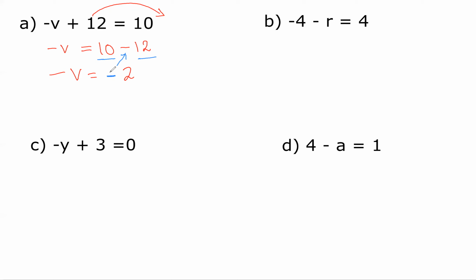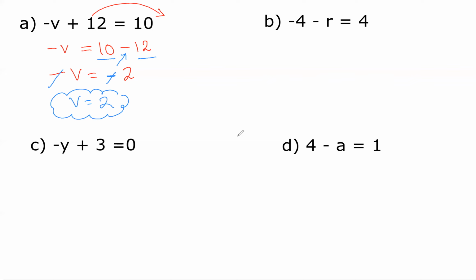So minus v equals minus 2. Now here is a small thing which you have to remember. Your answer actually will be only 2, and you will be asking me why. Since the variable and the number both have a negative sign, we can simply cancel it. The answer will be 2.